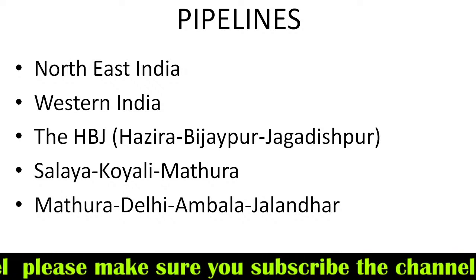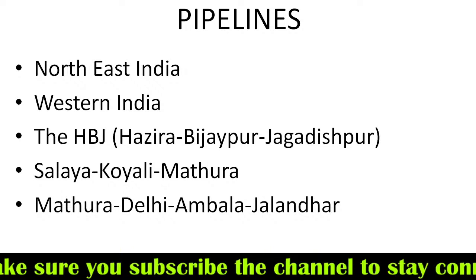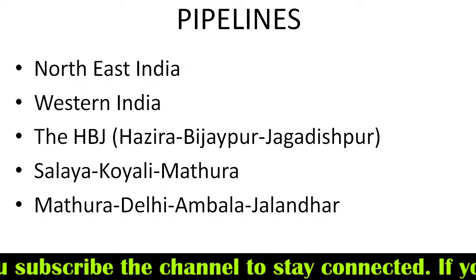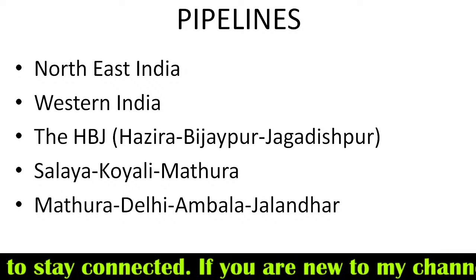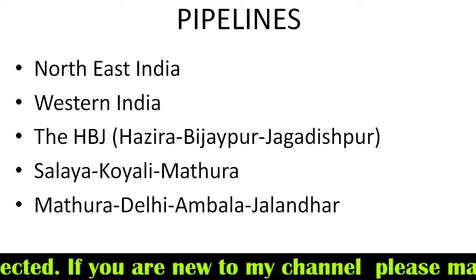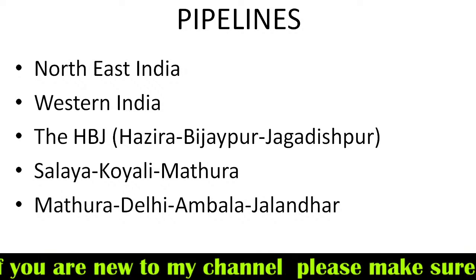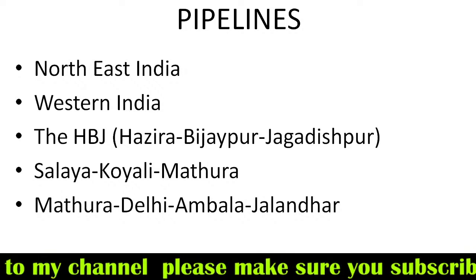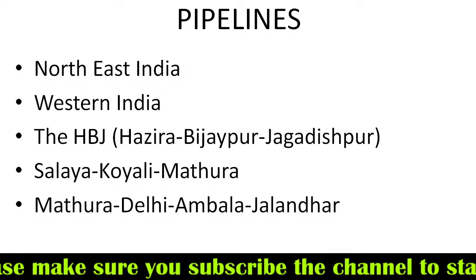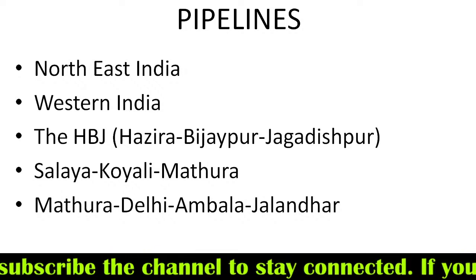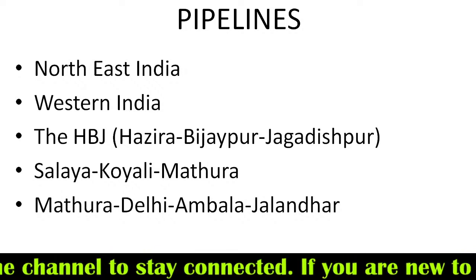Pipelines are used to transport the oil or the gas without any delay and without any kind of traffic congestion. The first pipeline in India was built in 1964 from Digboi to Barauni.